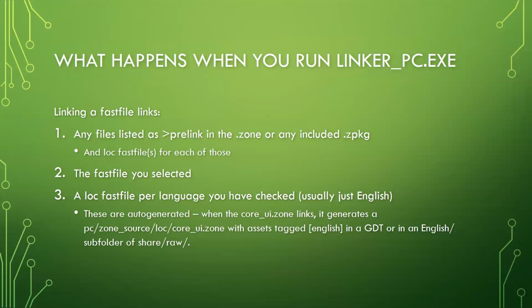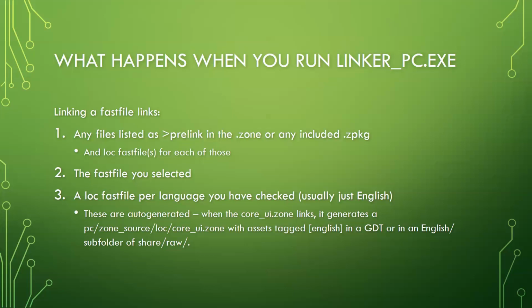And while it's processing all your assets, it puts into that loc core UI.zone every asset that it found in an English subfolder or tagged as square bracket English in a GDT. So if you look in Ape and you type square bracket English, you will see a bunch of things that mostly artists have defined as specific to a particular language.